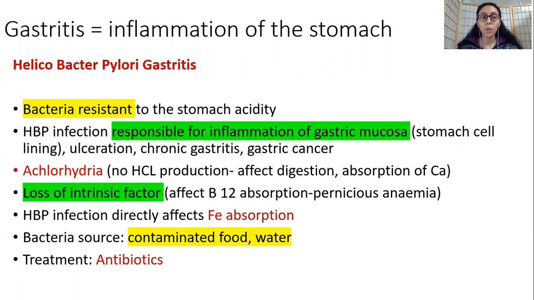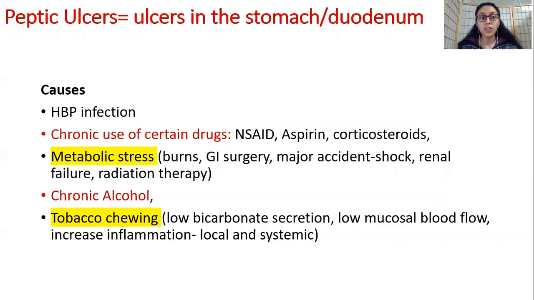Of course, you have other reasons as well. For instance, you can have chronic alcohol consumption, smoking, and genetic conditions as well. So there are many reasons, but one thing which is very common is the Helicobacter pylori infection and its impact. Therefore, this has been covered.